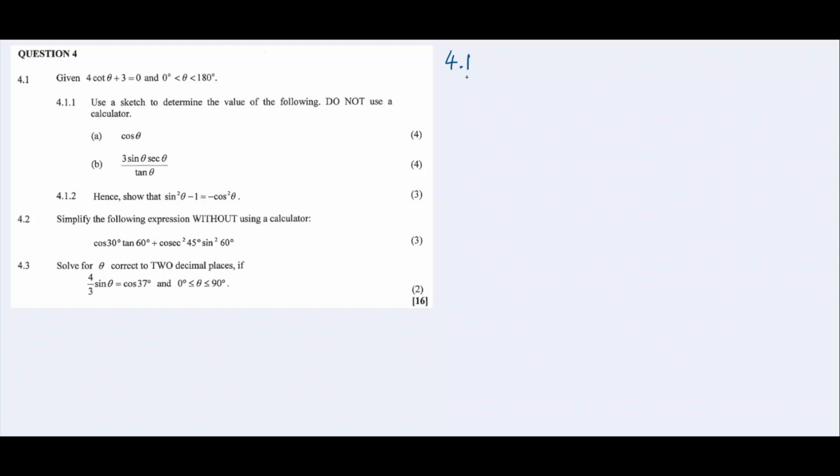Question 4.1.1 says that you have to use a sketch, a diagram, like the question we just worked on previously.